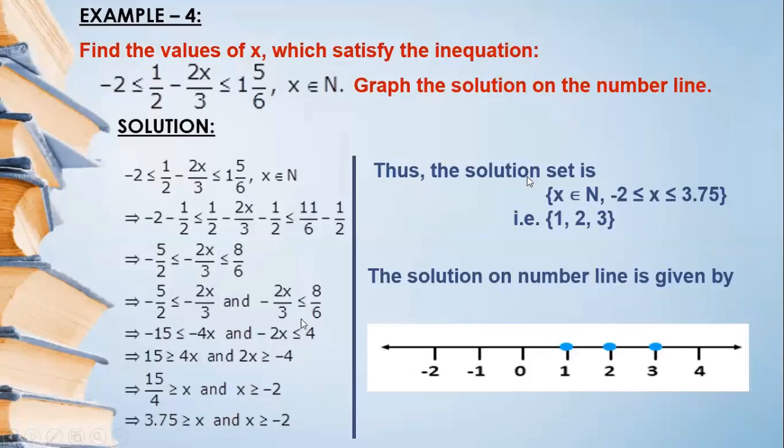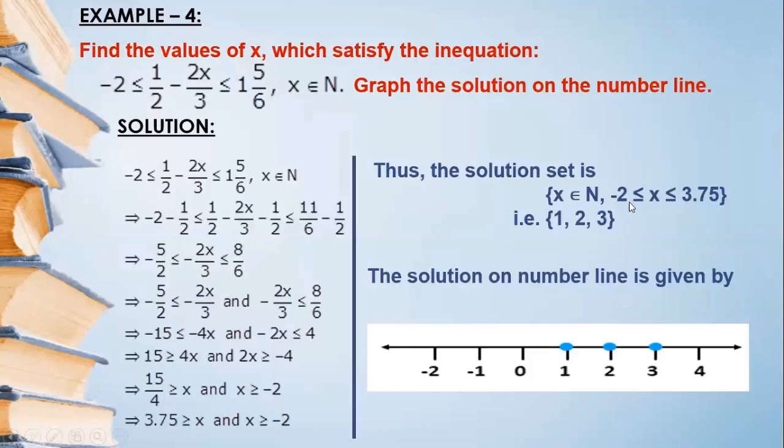So let us form the solution set. The solution set will be x belongs to natural numbers, and from these two solutions we will make the condition -2 ≤ x ≤ 3.75. Since it belongs to natural numbers, and we know natural numbers start from 1, 2, 3 and so on up to infinity, -2 will not be included, -1 is not a natural number, 0 is also not a natural number.